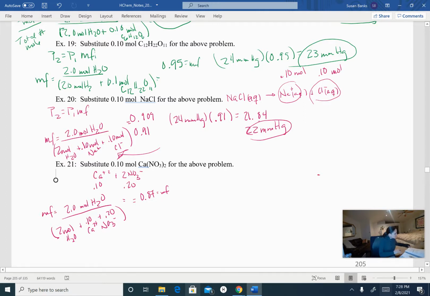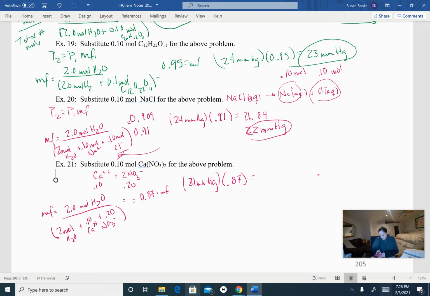Okay, so when I do that, I get my 24 millimeters of mercury that I would expect with pure water, multiplied by 0.87 for my mole fraction. That gives me 20.88. Once again, just 2 sig figs, so that 8 tells me to round up.